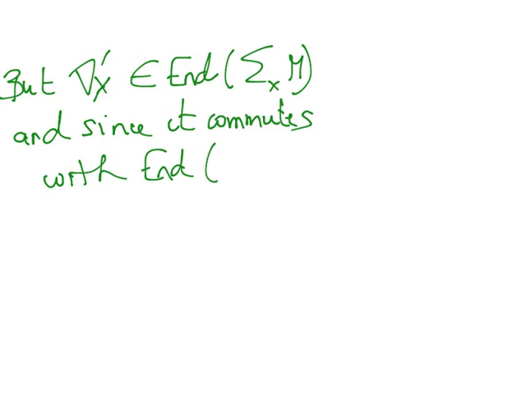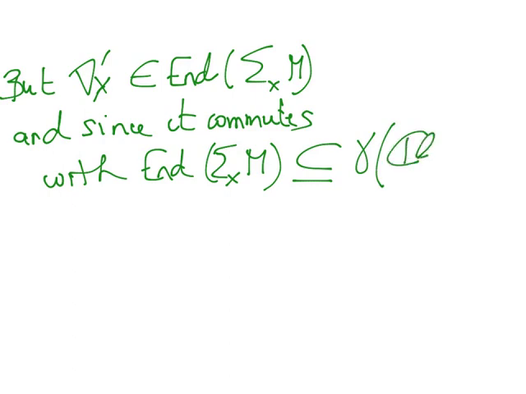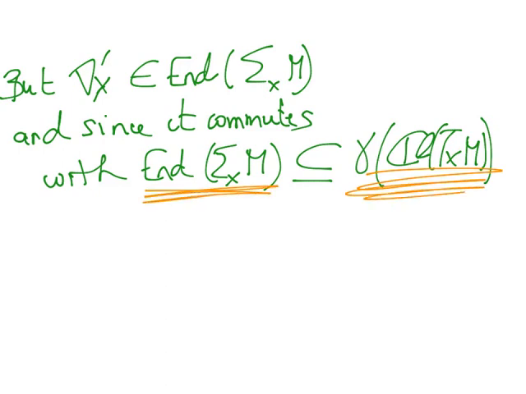the endomorphism of sigma xM. Why does it commute with the endomorphism of sigma xM? Because it is a subset of gamma of Cl(TxM), and since it commutes with this guy in yellow, it commutes with the endomorphism of sigma xM.